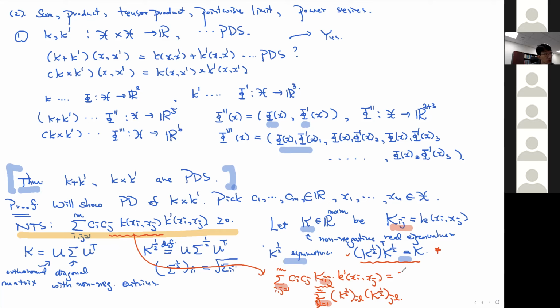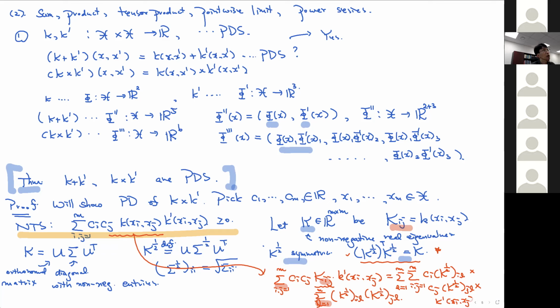It becomes the sum over l from 1 to m, of the sum over i, j from 1 to m, of ci, K half il times cj, K half jl times K prime of xi and xj.